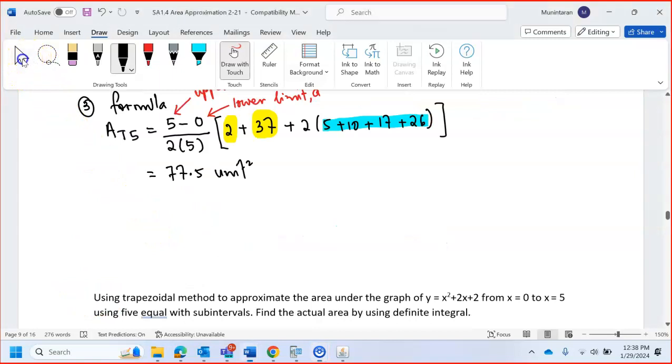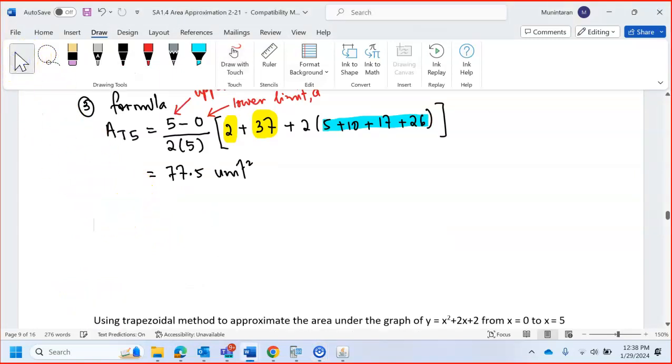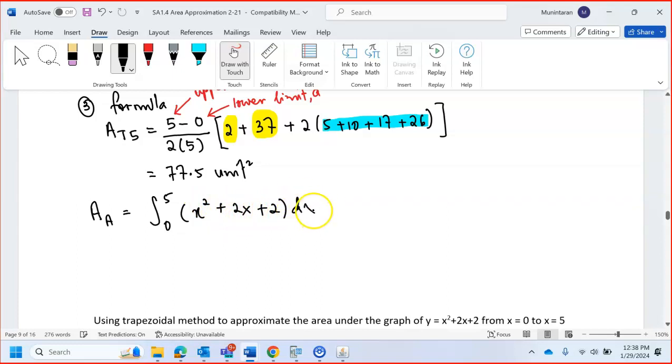The next is we're going to use the integral expression to find the value. So that is A_A, actual area. Your A_A for actual area would be the integral from 0 to 5 of your function x squared plus 2x plus 2 dx.